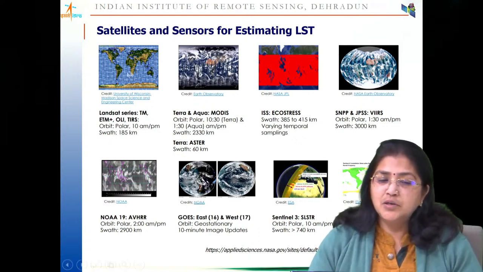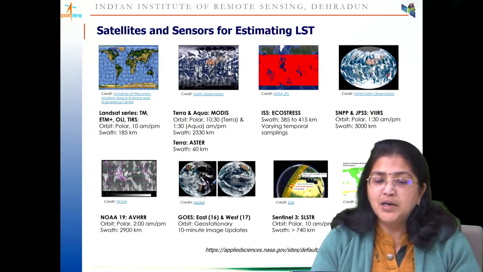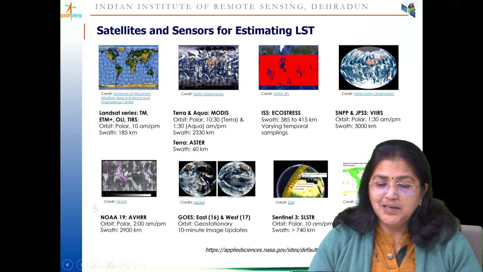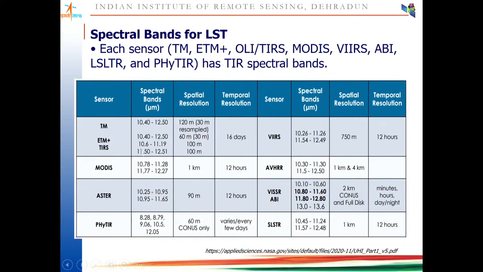Although it collects the data at 100 meter, the data is provided at 30 meter after processing. There is ECOSTRESS data also, and some other data sets, but most of the data sets are coarse resolution data. Landsat and MODIS are the most utilized data sets for studying surface urban heat island.